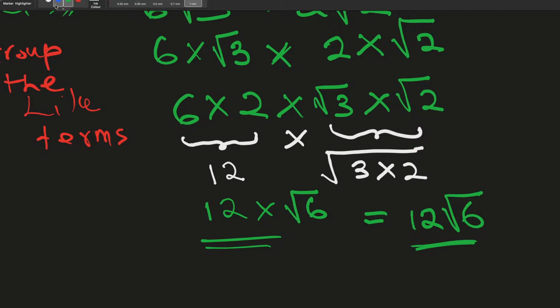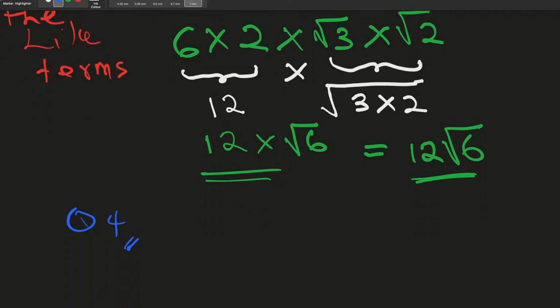All right, let's go for blue. And question number 4, yeah, 4 says simplify 3 root 72.